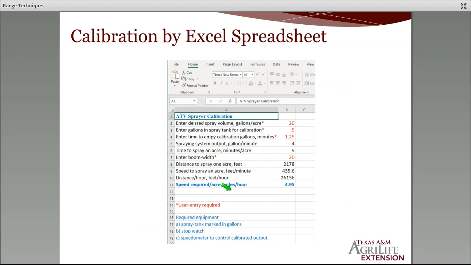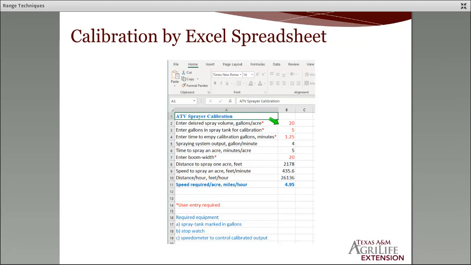Another little calibration method that I've been known to use a few times is extremely convenient, and you can do it if you do not have a pressure gauge, pressure control and all. However, I would still recommend you get that. But somebody a lot smarter than myself put together this Excel spreadsheet. What you do is enter in these red numbers.